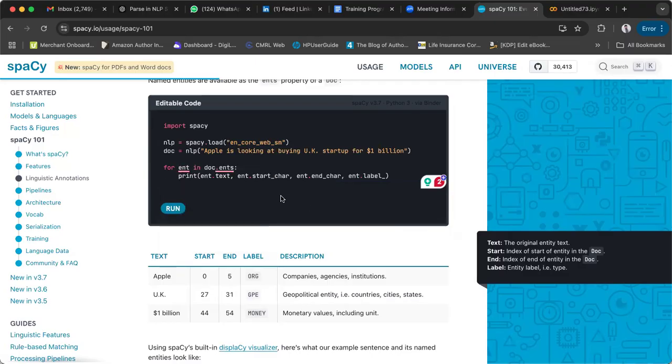Any kind of word you can see. Let's understand in this way.